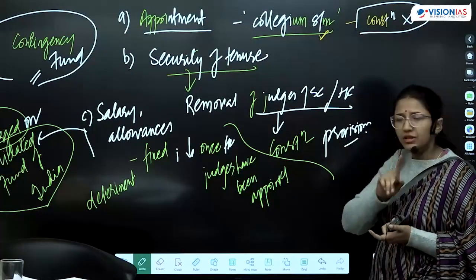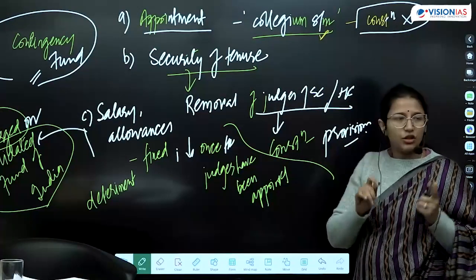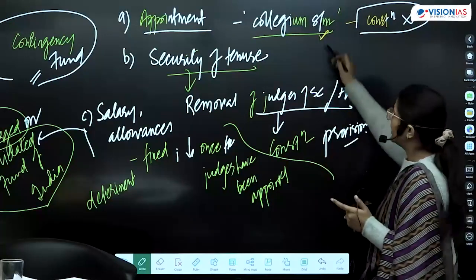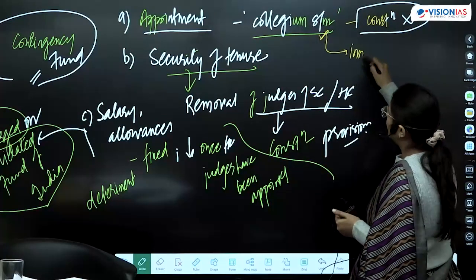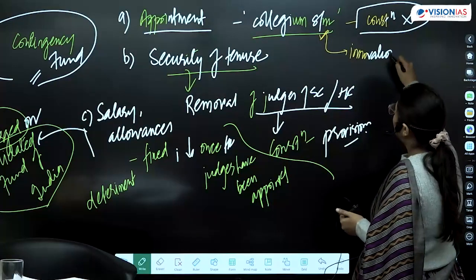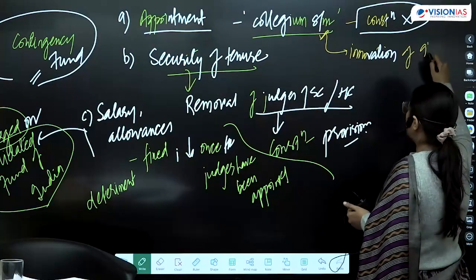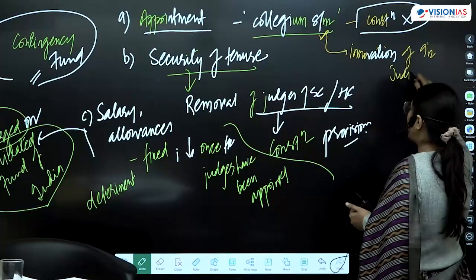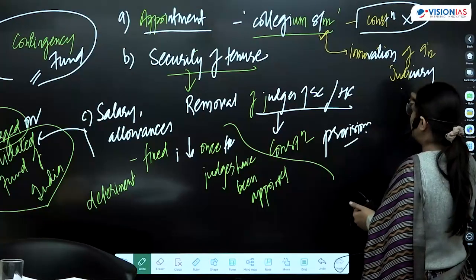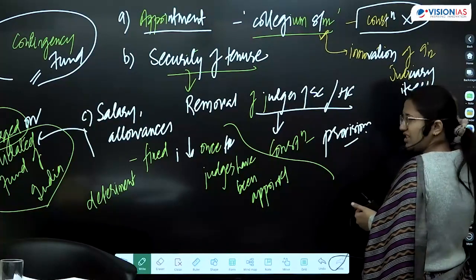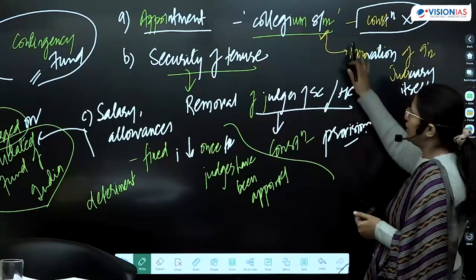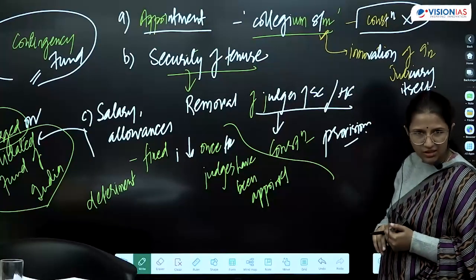The constitution keeps mum, does not talk about it. It is an innovation of the Indian judiciary itself. Through its various judgments, the Indian judiciary has come out with what is known as the collegium system.